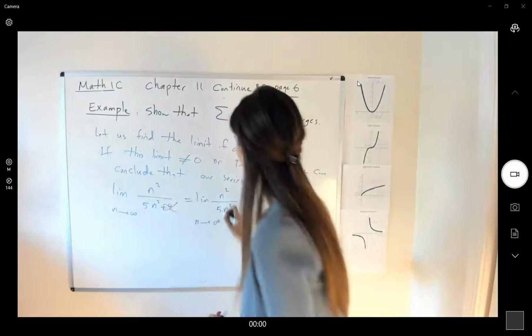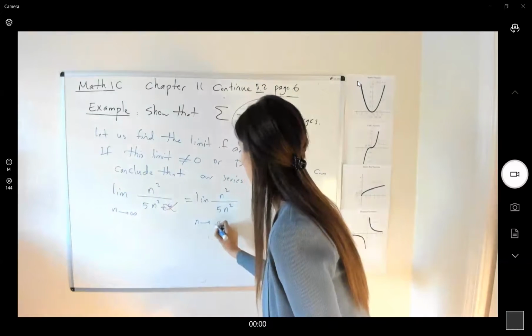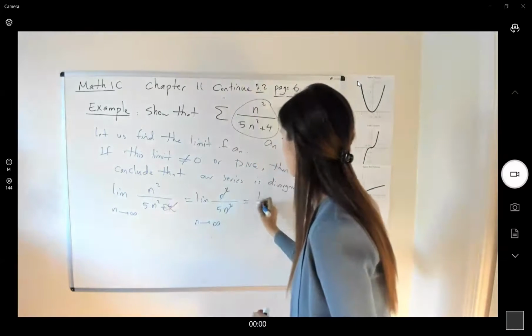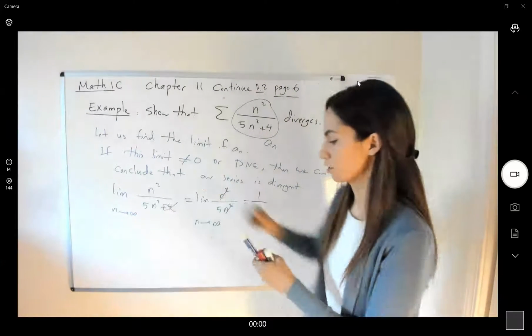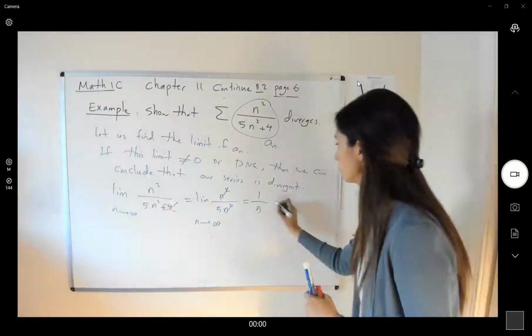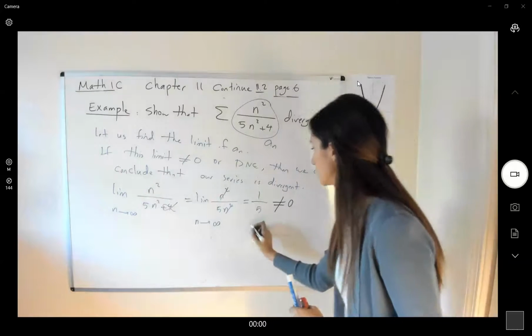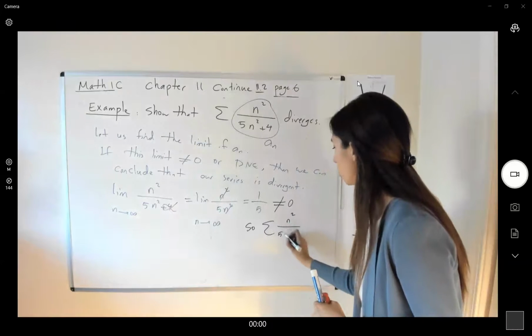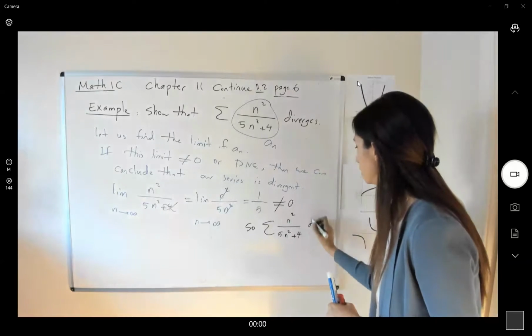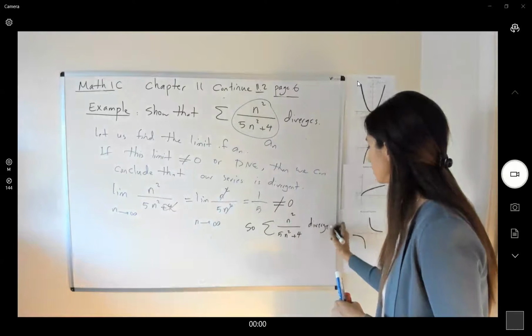We can cancel out n squared and n squared. We get 1 over 5. Of course, 1 over 5 is not 0. So the series n squared over 5n squared plus 4 diverges.